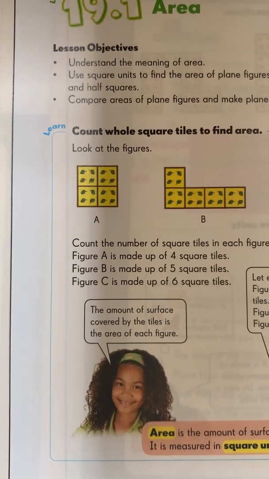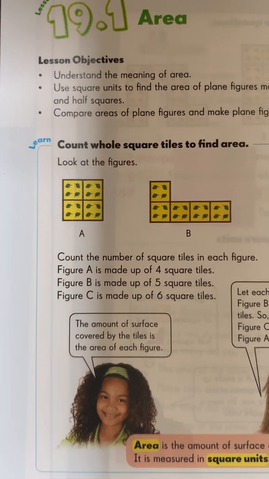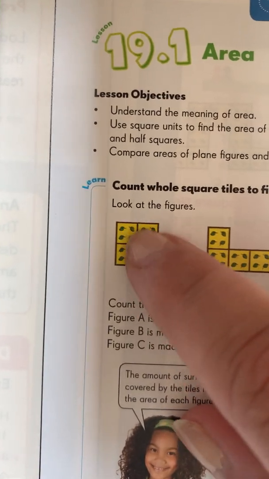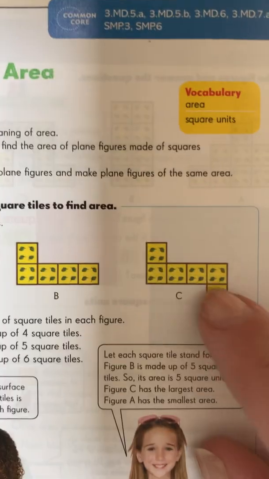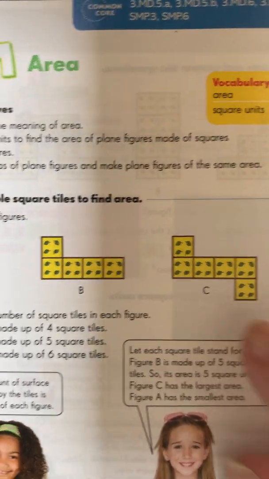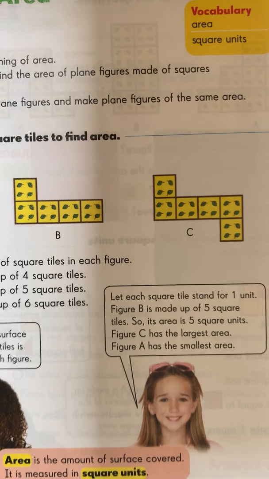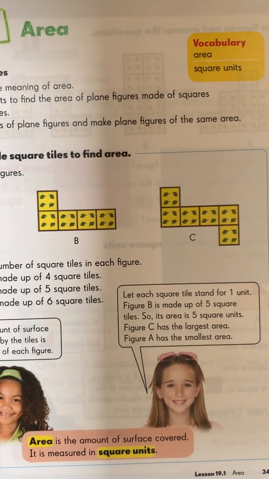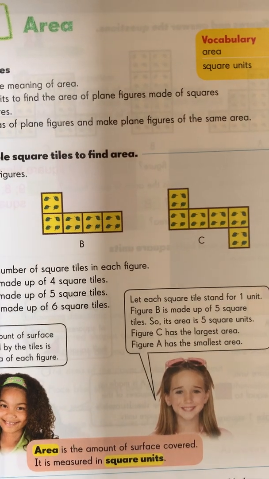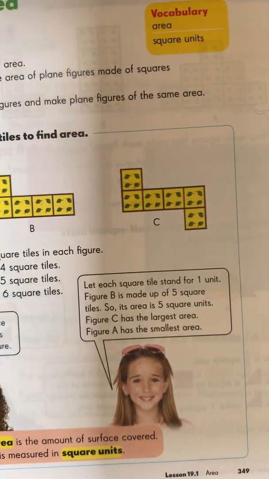She says, the amount of surface covered by the tiles is the area of each figure. So the area here would be 4. The area here would be 5. And the area here would be 6. Let each square tile stand for 1 unit. Figure B is made up of 5 square tiles, so its area is 5 square units because there are squares.